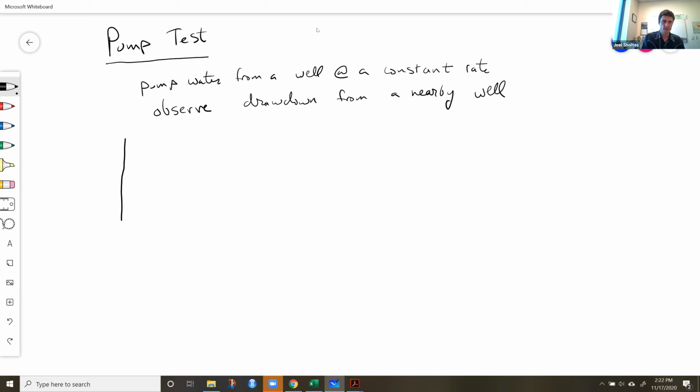And so what this data might look like is, so we've got a well right here. And you're pumping and pumping, and here's our steady state condition.